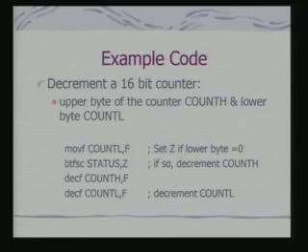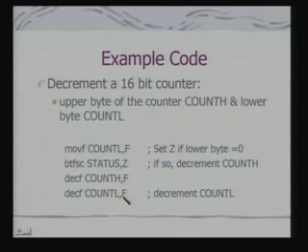So obviously, if I have to implement a 16-bit counter, what do I need to do? I need to use 2 memory locations and not 1, because effectively each memory location is of length 8 bits. In this case, I am using 2 locations, one I am calling count H and another count L. I am decrementing count H and count L, and here I am checking whether count L is 0.